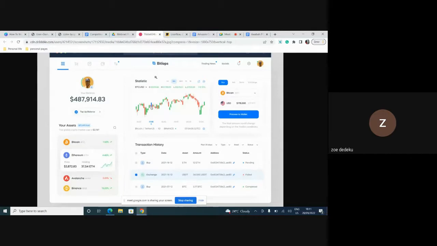So possibly there should be a search feature as well for you to search where you want to order your food from. There can be a tracking feature, just to track your order, where it is. Yeah, that's all I can think of at the top of my head right now.